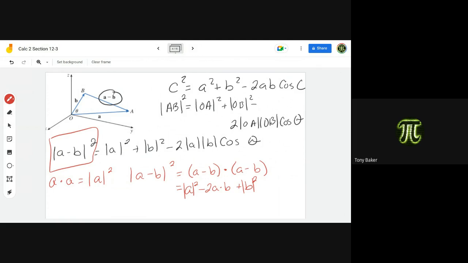Okay? So if I have that on this side, that, that, that, and that can all cancel out, correct? So I'm left with negative 2A dot B equals negative 2 times the magnitude of A times the magnitude of B times cosine theta.